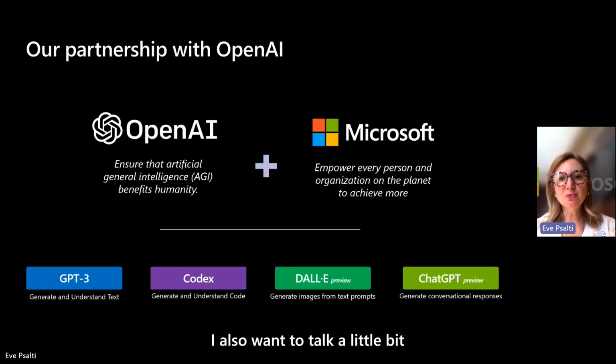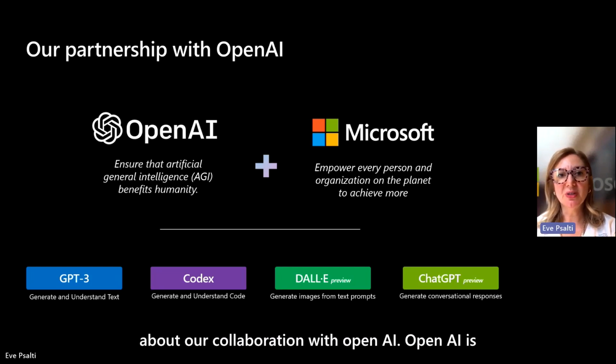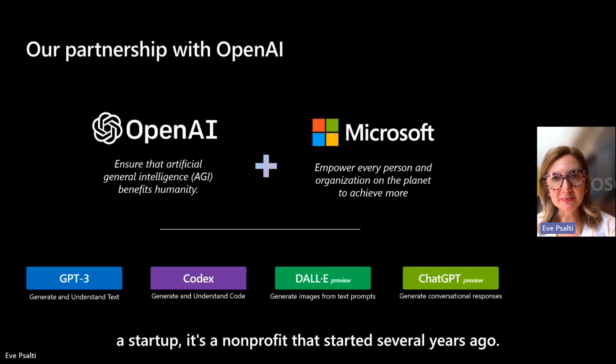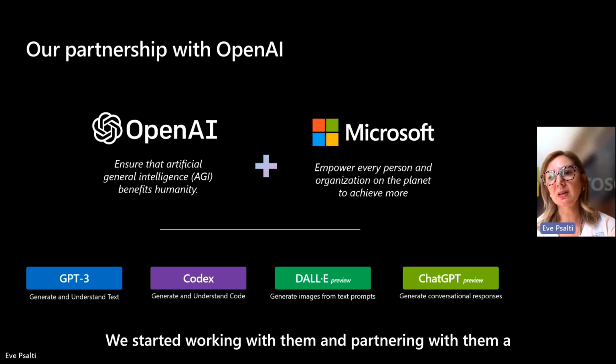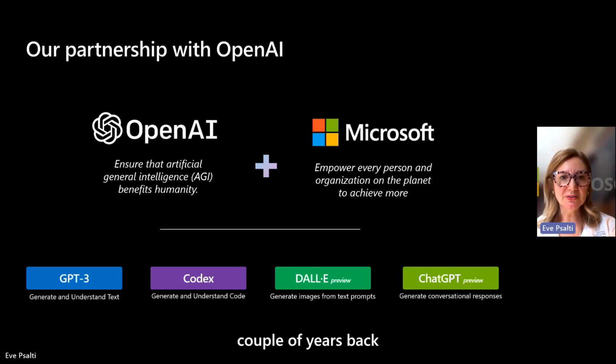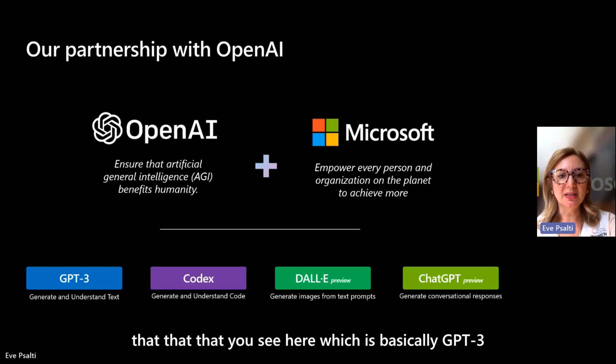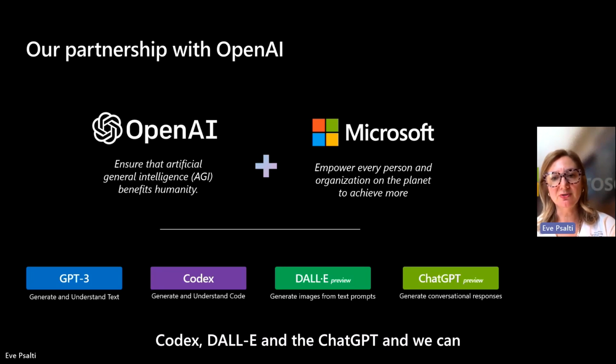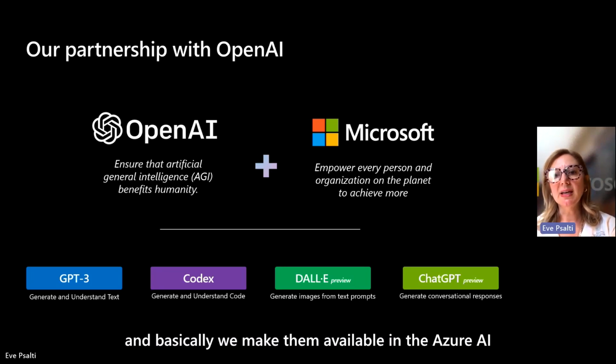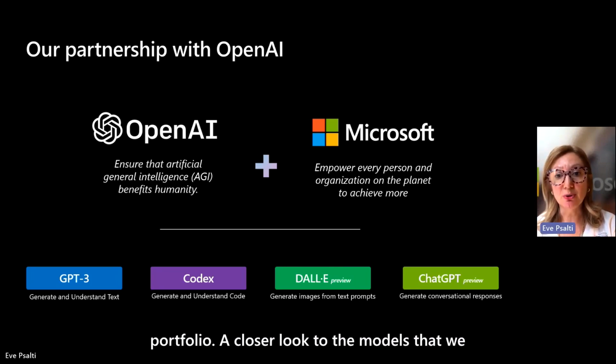And then I also want to talk a little bit about our collaboration with OpenAI. OpenAI is a startup, a nonprofit that started several years ago. We started working with them and partnering with them a couple of years back, and basically we take the OpenAI models that you see here, which are GPT-3, Codex, Dall-E, and ChatGPT, and we make them available in the Azure AI portfolio.